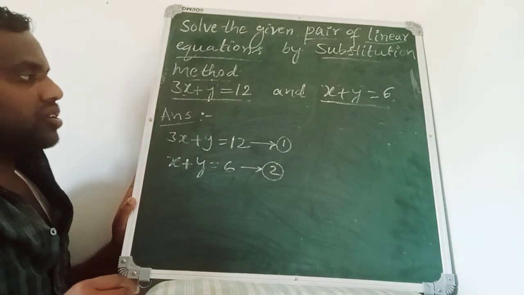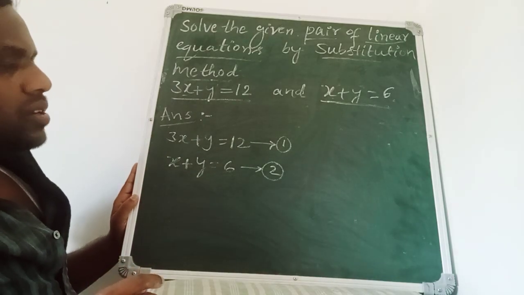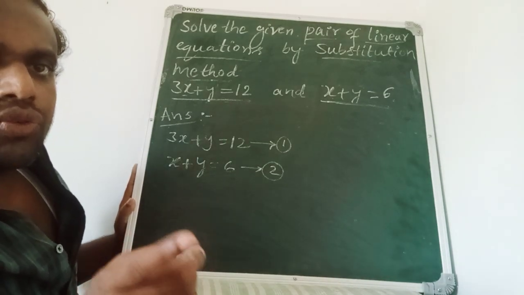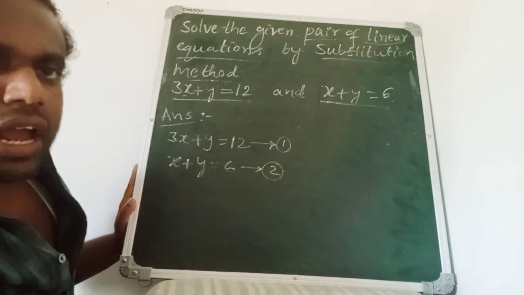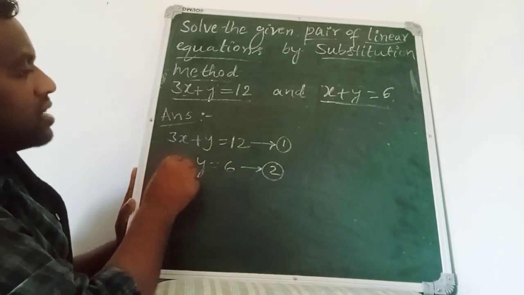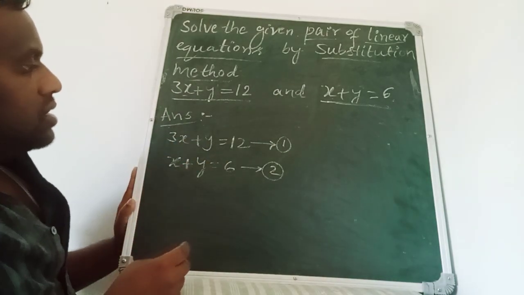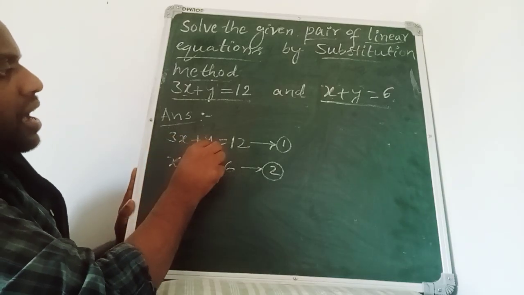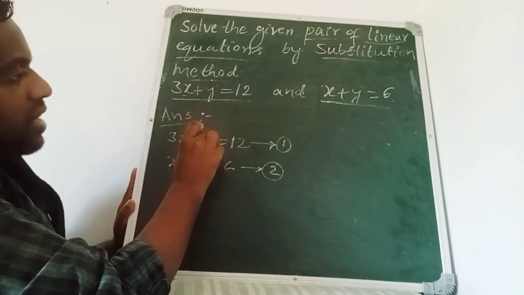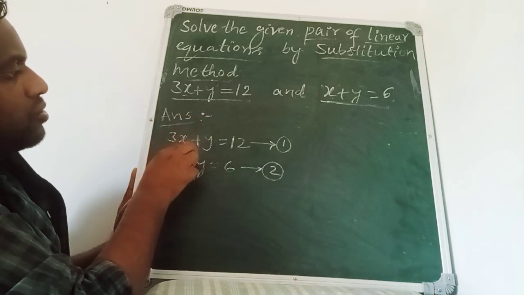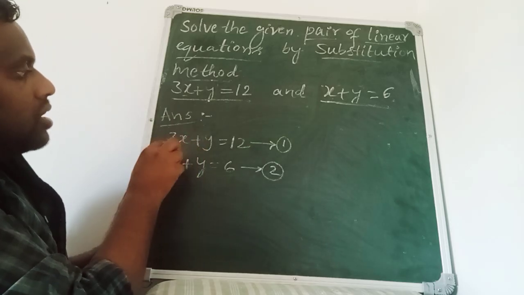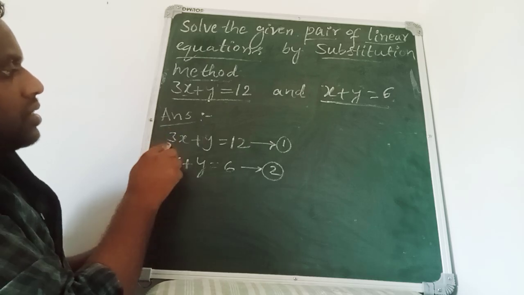Next step is what? Since we are using substitution method, first we have to find an expression for one variable, either for x or for y. Here x and y are there. Here coefficient of x, this 3, is called coefficient of this x, and here 3 and 1 are there.